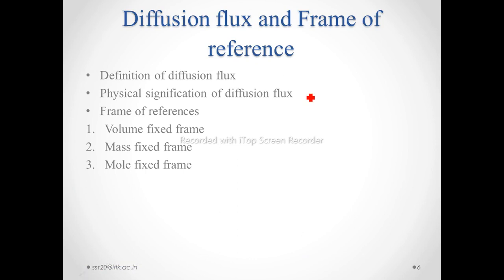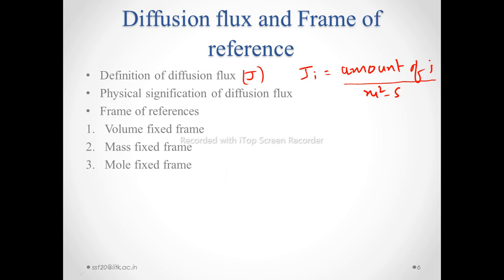Then the unit of J is denoted with the term J, and J of I is equal to the amount of I per meter square per second.